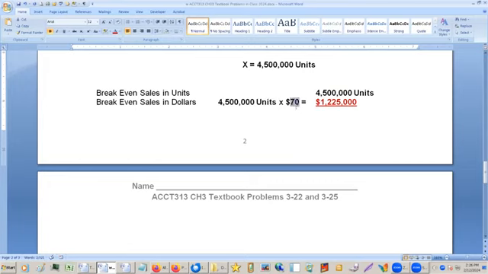Times the selling price is 0.50, whatever that is. 2,250,000. Okay, so we can put that into Blackboard.